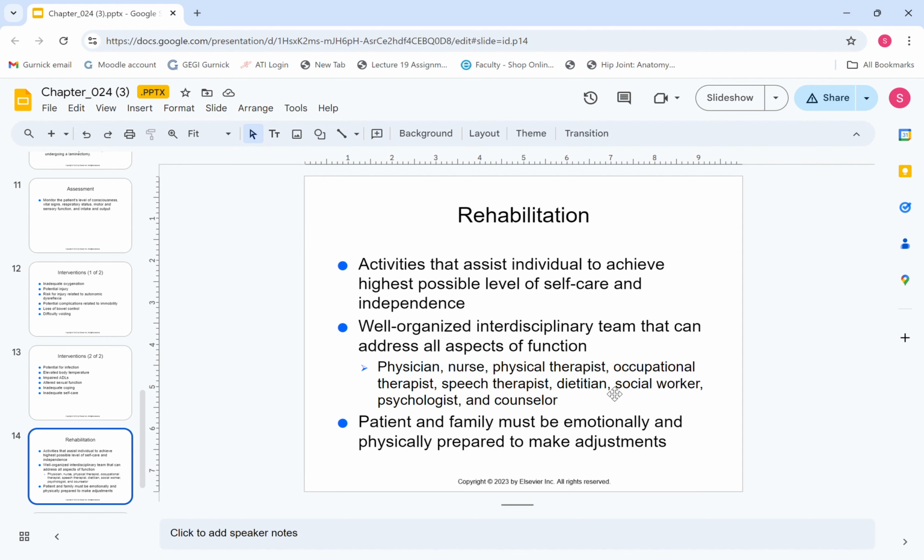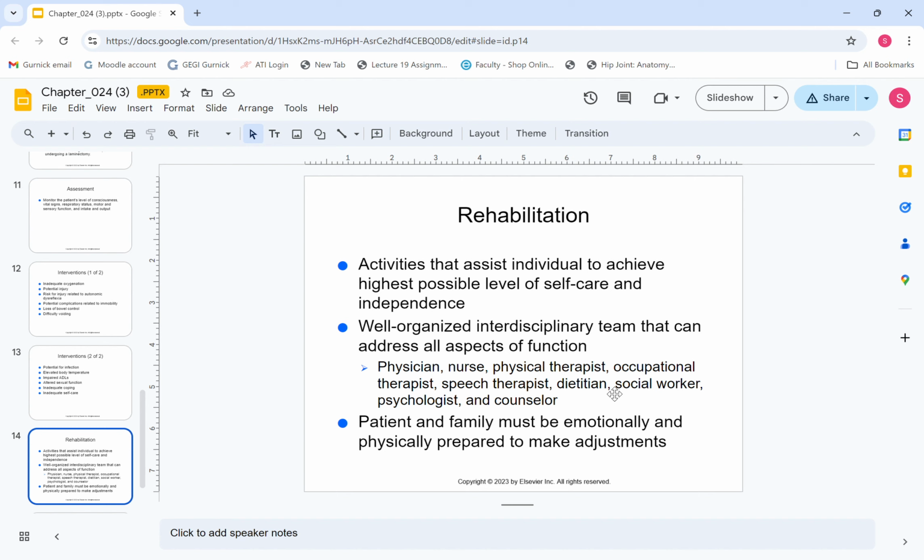Rehabilitation: activities that assist individuals to achieve the highest possible level of self-care and independence. When they eventually go to physical rehabilitation, if they still have use of their arms, they might be doing things like weightlifting.